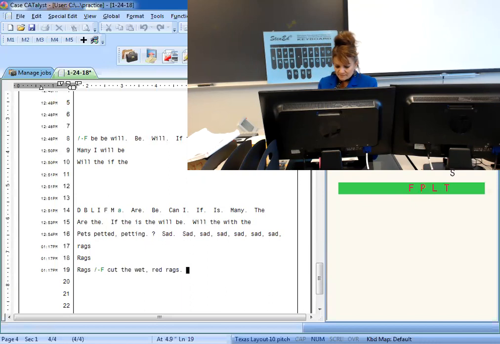Is the pet a cat, a cub, or a rat? Are the pets cats, cubs, or rats? Are the cuffs short?